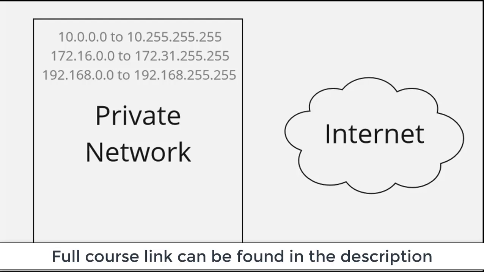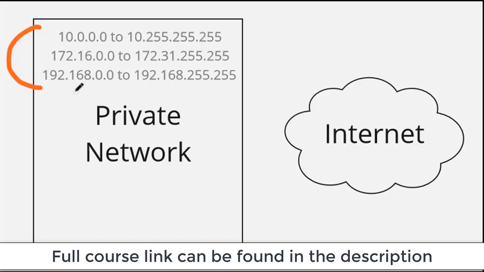There may be millions of devices that all have these addresses in all their little private networks all over the world. So these addresses don't make sense on the internet. They're private IP addresses. And one of the reasons we use private IP addresses is because there's only so many addresses to go around.